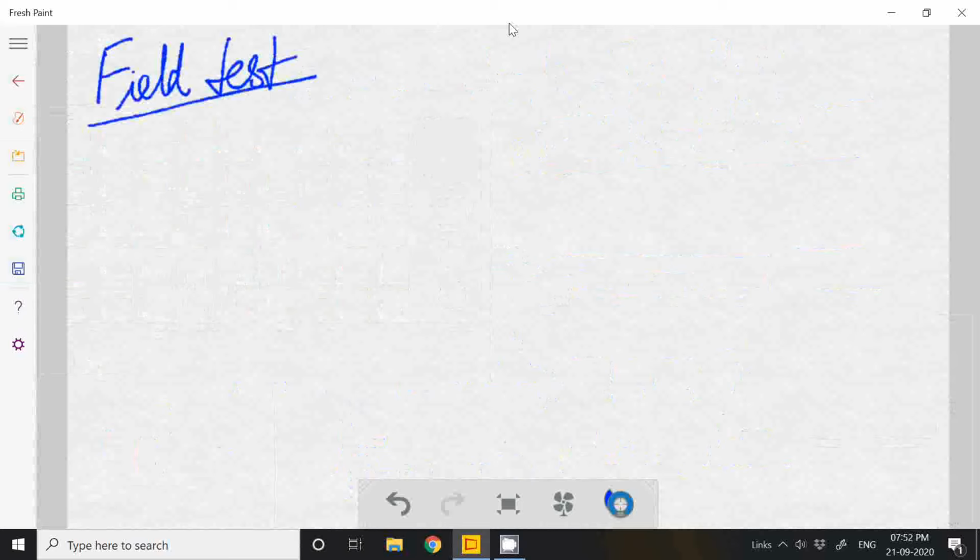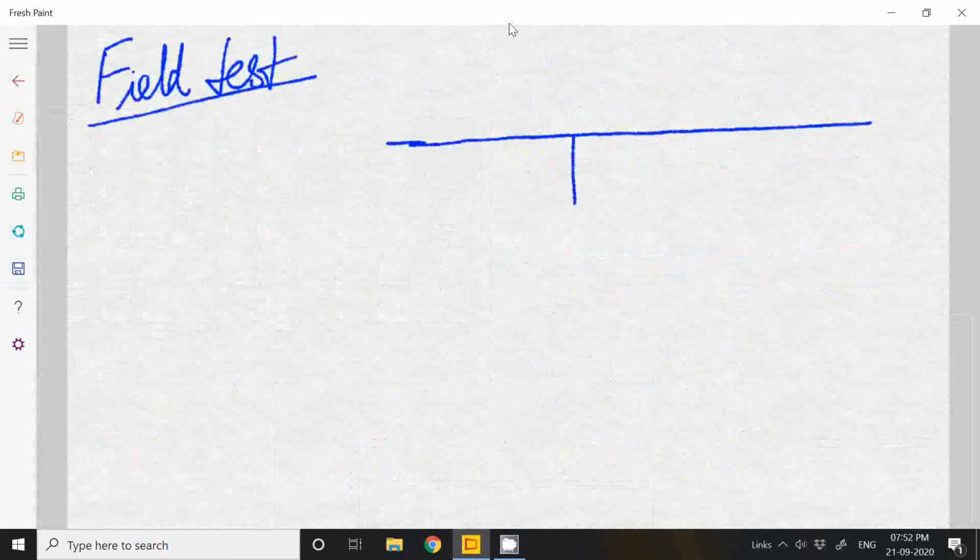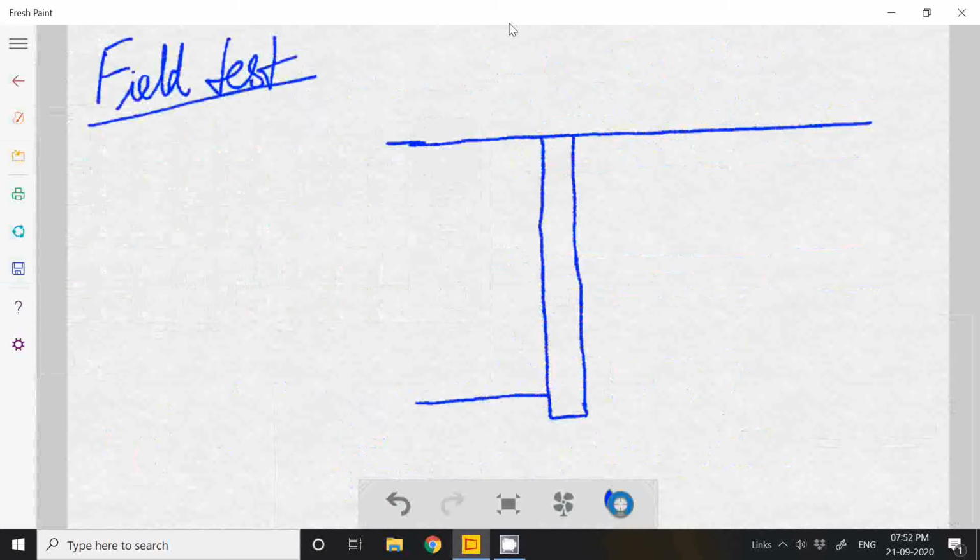Suppose this is the level of soil here. Then what we do is we construct a well, like this.